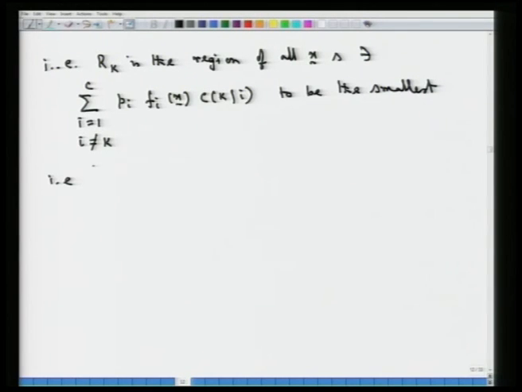That is, the expression here which we have is going to be less than the expression for every other k other than the region wherein we have got this k here.